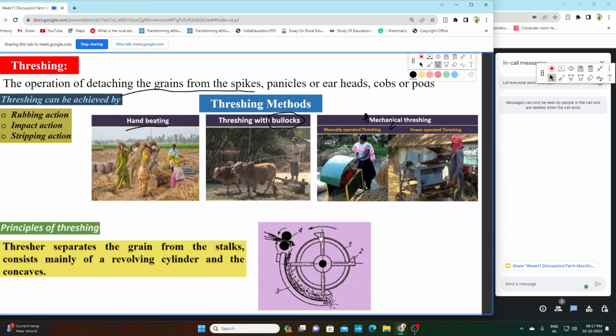One is the rotating or revolving cylinder. Okay, this is the rotating or revolving cylinder. And second, we require a concave. This is the concave.